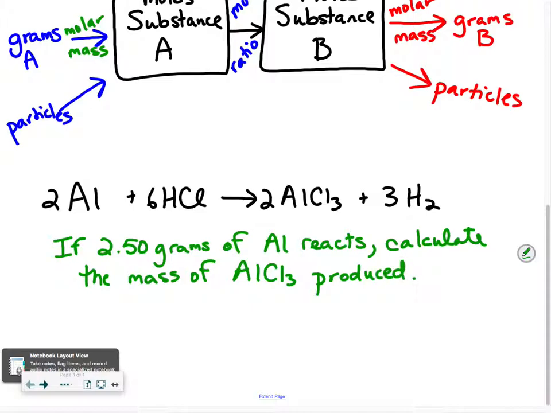All right, so if 2.5 grams of aluminum reacts, calculate the mass of AlCl3 produced.